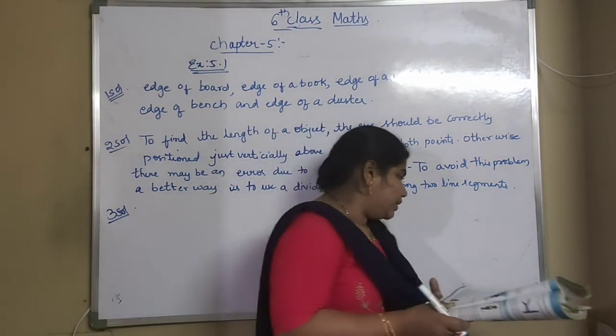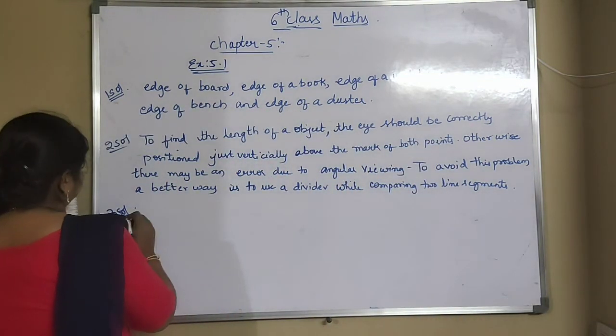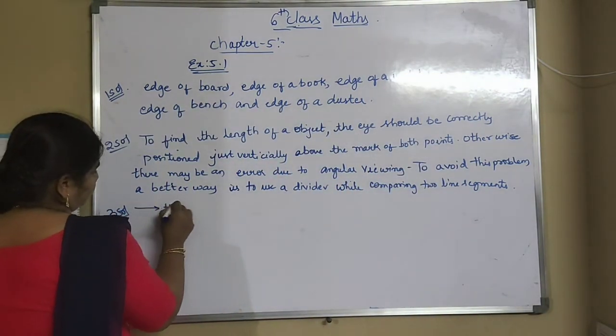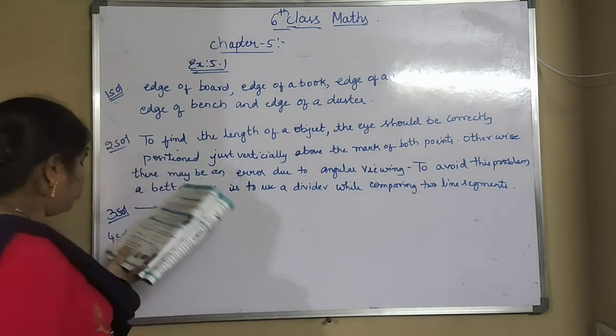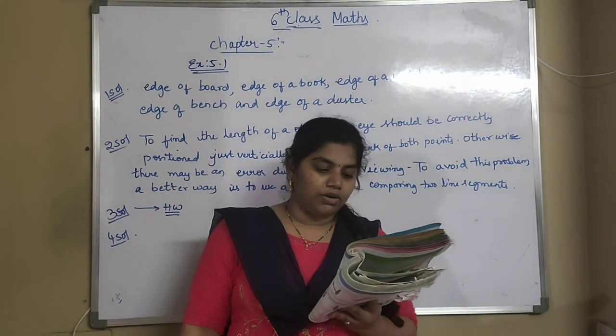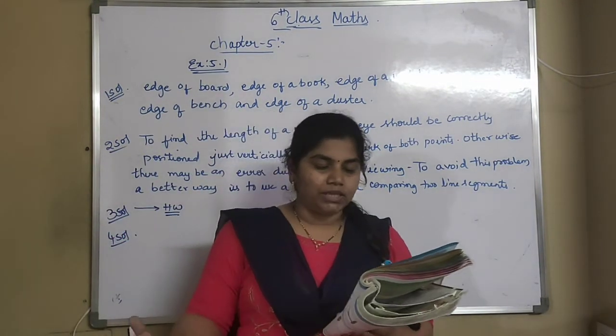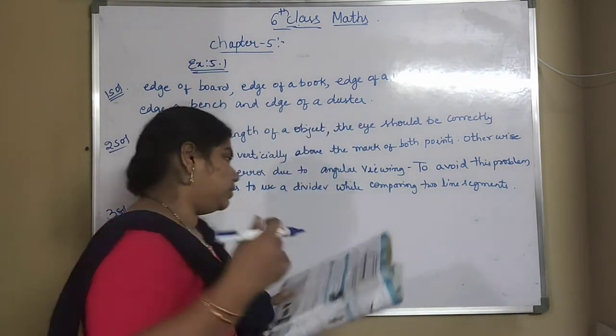Next, the fourth solution. Midpoint of AB is located by Sweta and Reshma like this. Sweta has located in one way and Reshma has located in another way.